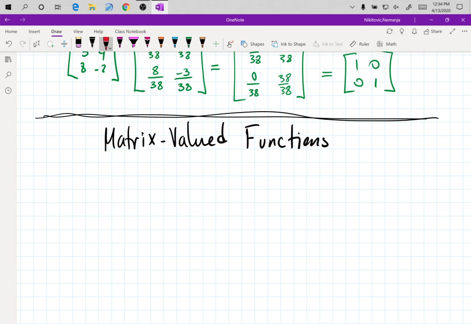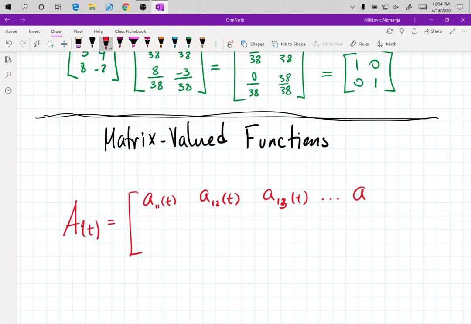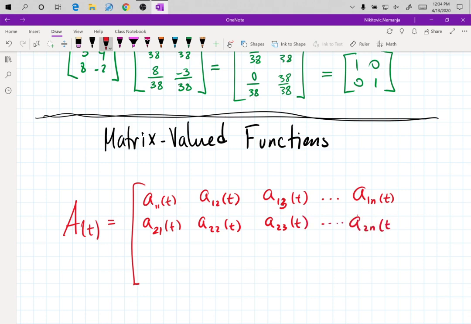But for differential equations, since your main focus is to find x of t or y of t or y of x, depending on what your MyMathLab is asking for, we need matrix valued functions, which means that our matrices will now contain functions. So say A of t is going to have a function of t, another function of t, another function of t, all the way until we reach a_1n of t. And then the second row, first column, and each one of these is going to be a function.